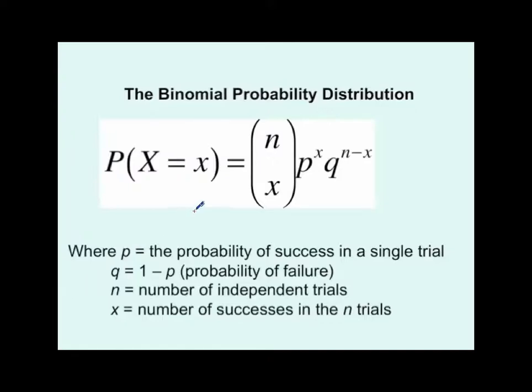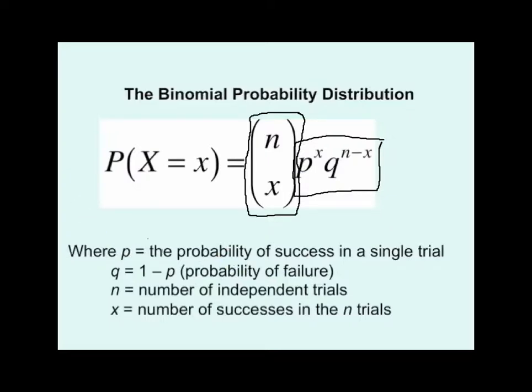Now notice the formula here. It's made up of two basic pieces. The first piece right here, that's a counting tool. It's the number of subsets. It's the number of ways that the success can occur. And what this part of the notation is about is the probability in any one of those particular events of that occurring.